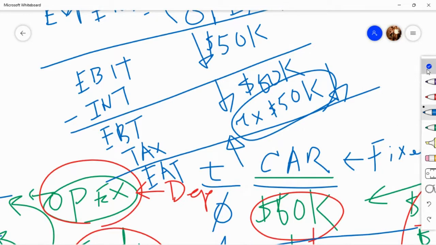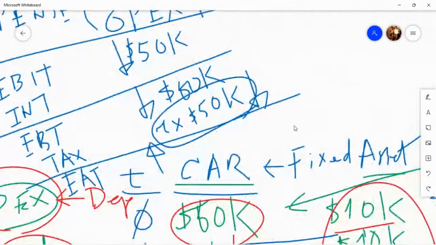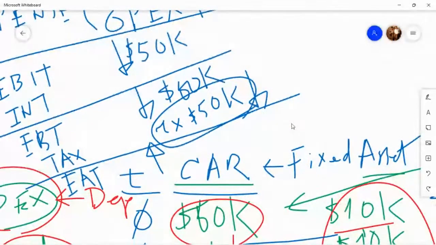But this is a good thing for you, but this is a bad thing for whom? Who wouldn't like your taxes to go down? Government. Yeah, exactly.